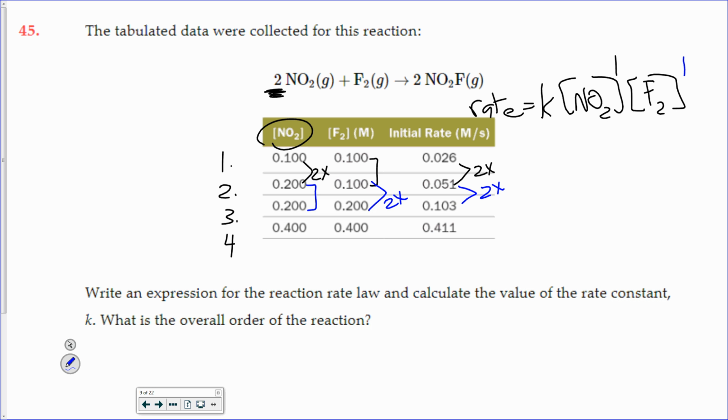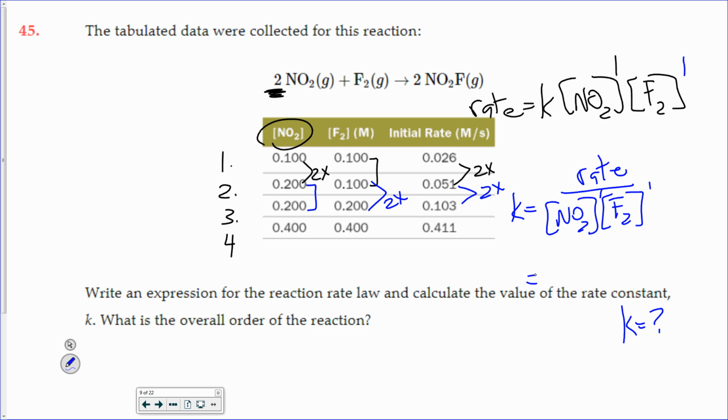It wants me to calculate the rate constant K. So I'm looking for what is K in this system. So K is going to be equal to the rate divided by the concentration of the NO2 and the concentration of the F2, and both of those to the first power. So I could pick any of the trials.